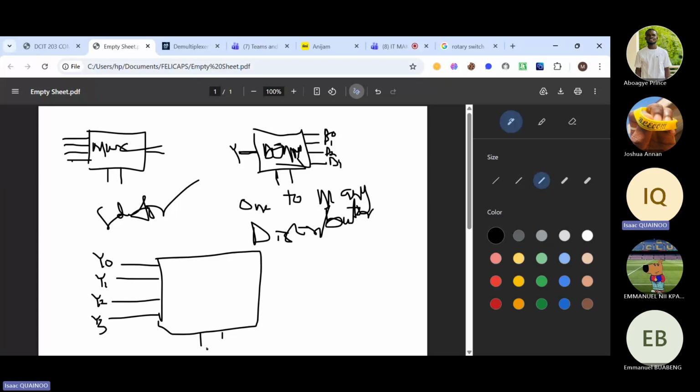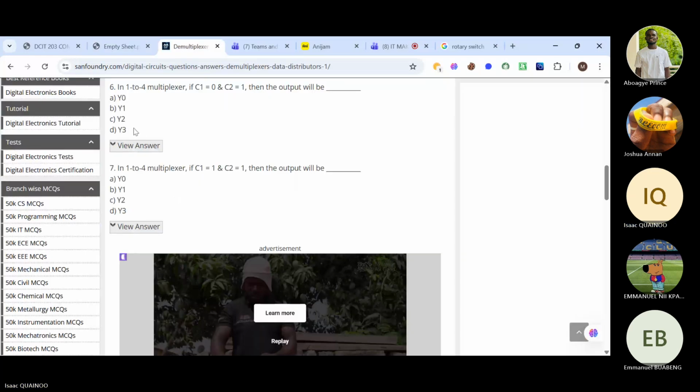Our selector is 1, 1. What will be our output? So you know 1, 1 corresponds to 3, right? So we have data line 0, line 1, line 2, line 3, which will correspond to our Y3. So our output is going to be our Y3. Please, if you all get that. So that's going to be D, Y3.